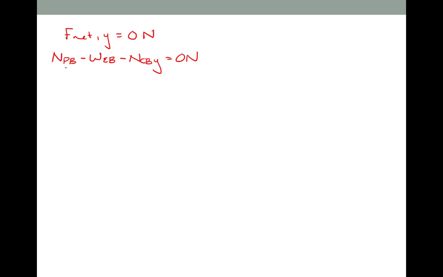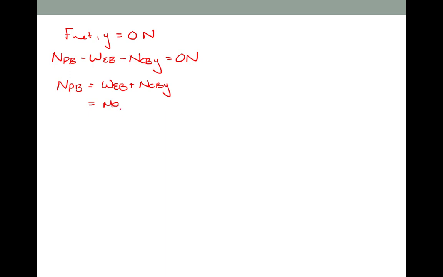The piece I need from this equation is the normal force from the pond on the block, because I have to plug that into the force of friction. So solving for that, normal from the pond on the block will equal the weight plus the y component of the force from the contestant.